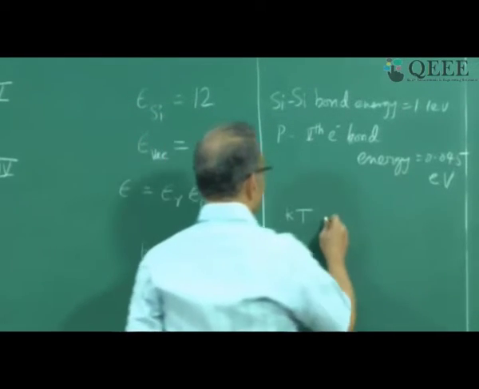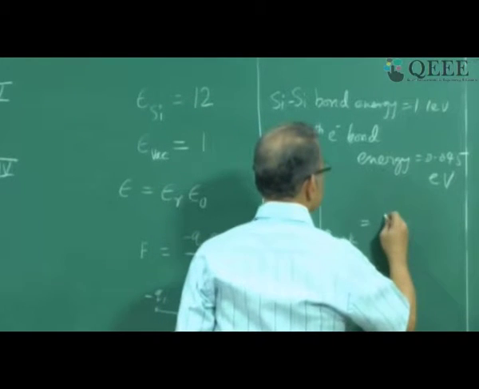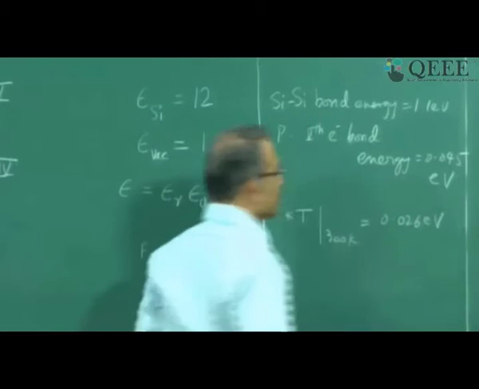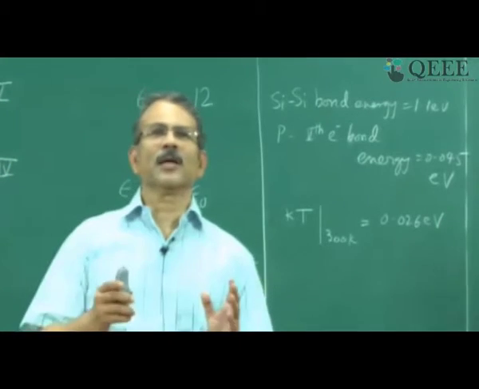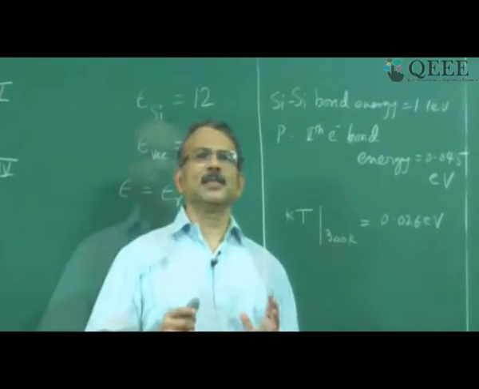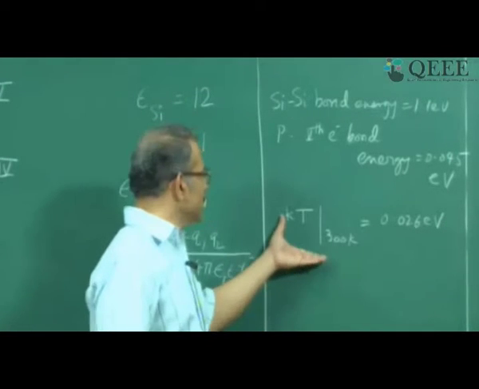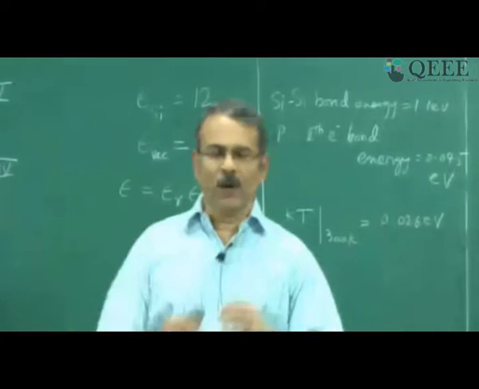Now kT at room temperature is 0.026 electron volts. In other words, we can think of a silicon crystal at room temperature as consisting of vibrational energy particles. They are called phonons, of energy 0.026 electron volts, moving about everywhere.